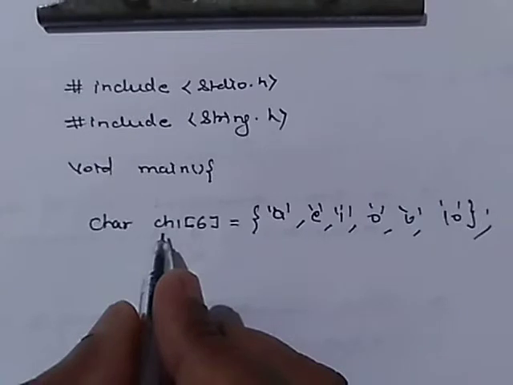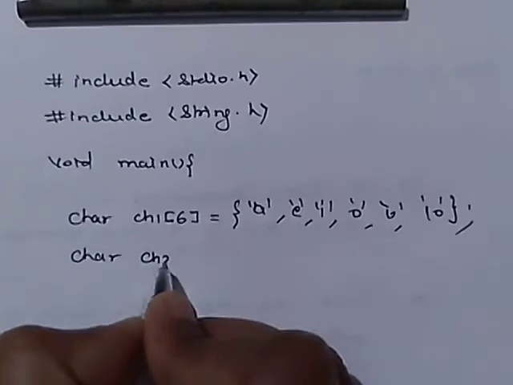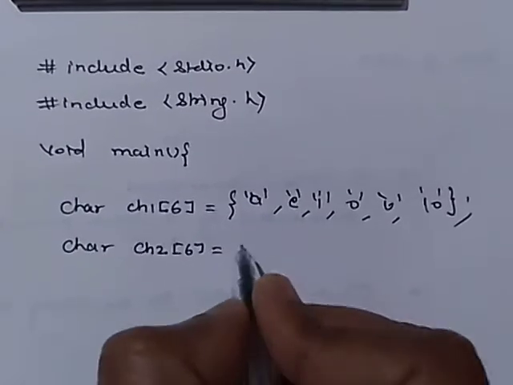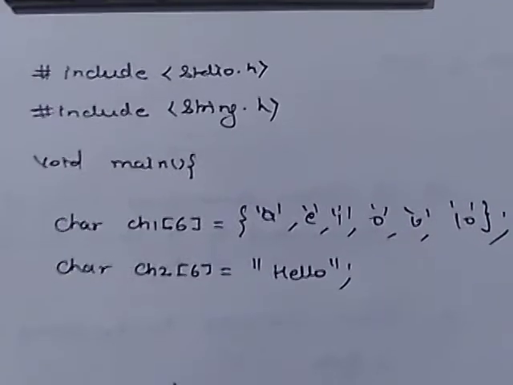So this is a character array, and here we are taking a string literal. A string literal is just like a constant.